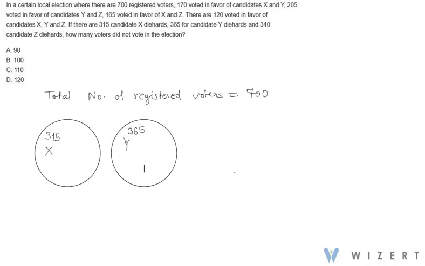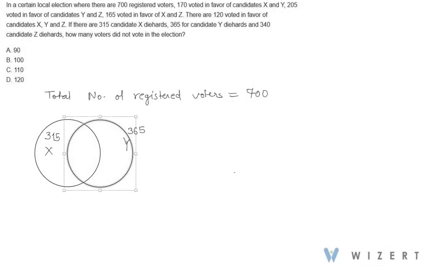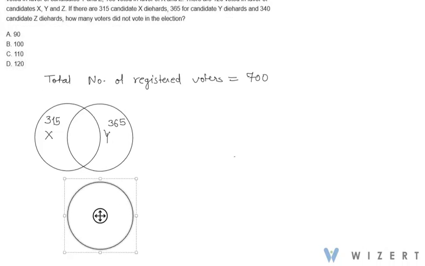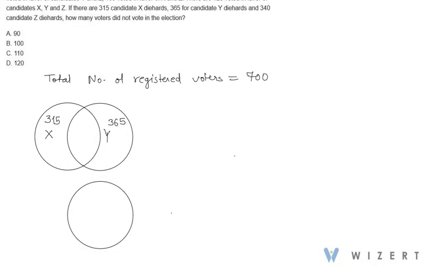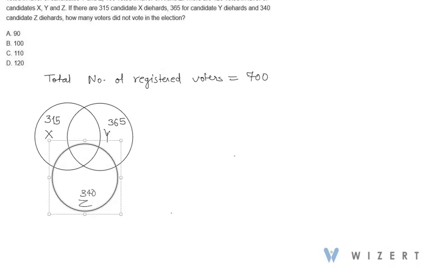But as given in the question, these two circles are overlapping this way. Similarly, this is the third circle, which is representing 340 Z diehards. But again, as explained in the question, this third circle is also overlapping here.